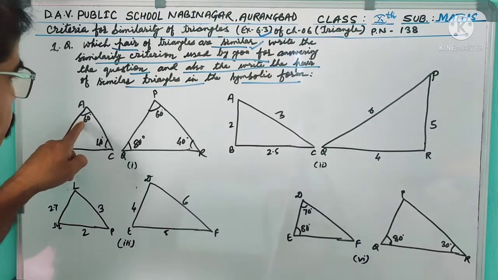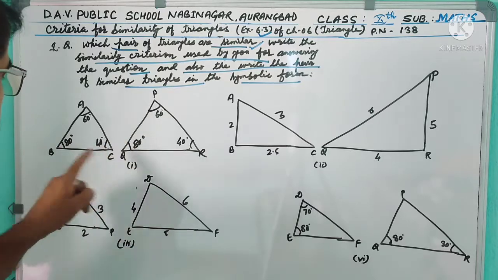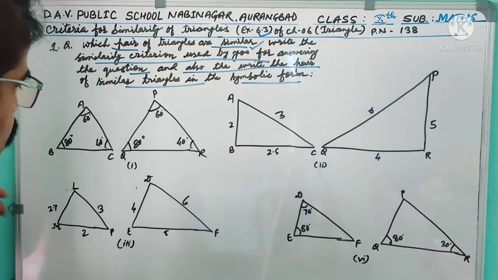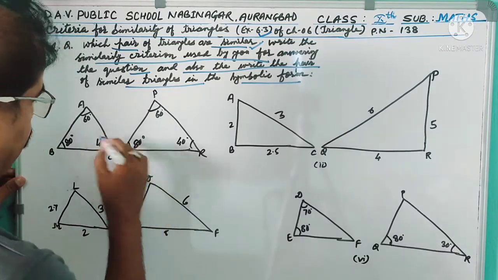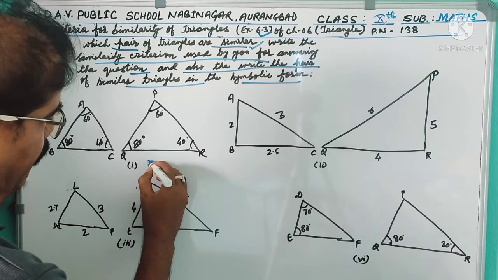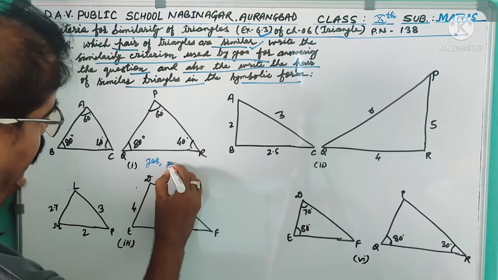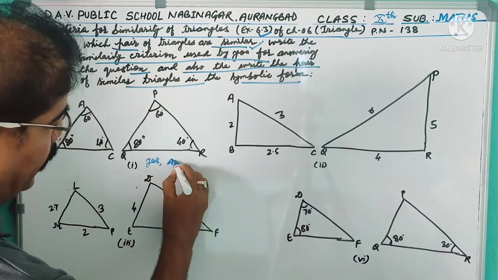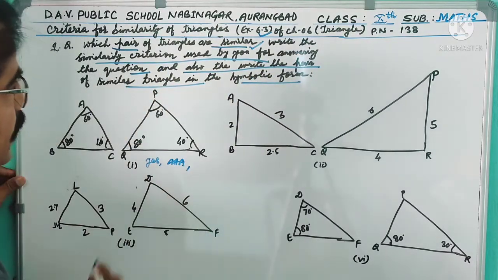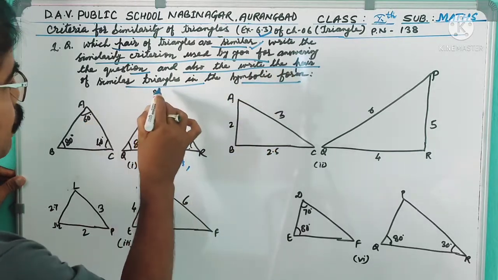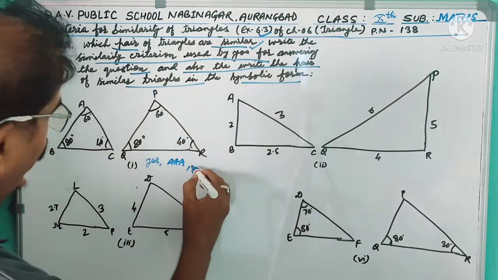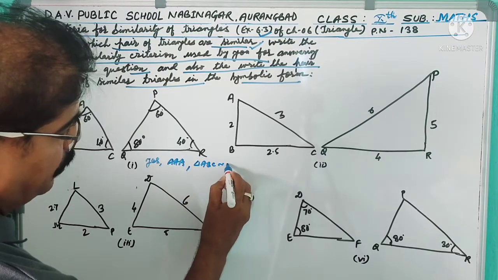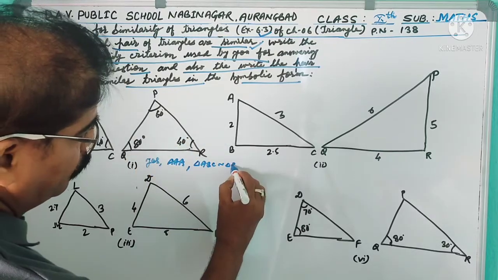So, angle A equal to angle P, angle B equal to angle Q, and angle C equal to angle R. So, triangle ABC similar to triangle PQR. Yes. Write the similarity criteria: angle, angle, angle similarity, and also write the pair of similar triangles in the symbolic form. So, triangle ABC similar to triangle PQR.